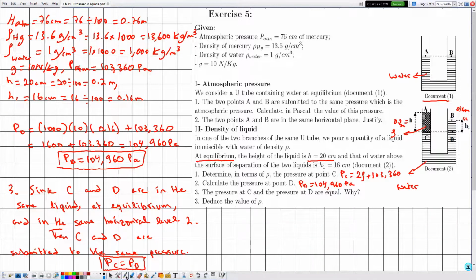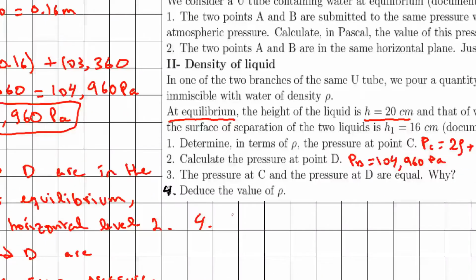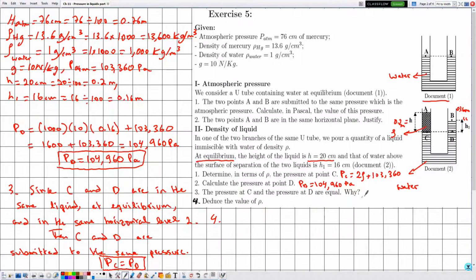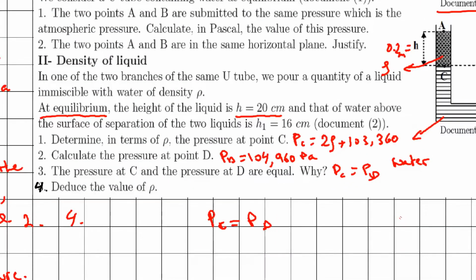And let me correct this, that this is part 4. Now deduce the value of rho, and by deduce it means that we need to use the previous part. In the previous part we have stated that the pressure at the point C and the point D are equal, so let's use it directly. Now in order to find the value of rho, we need a linear equation with one unknown, and this unknown is rho.